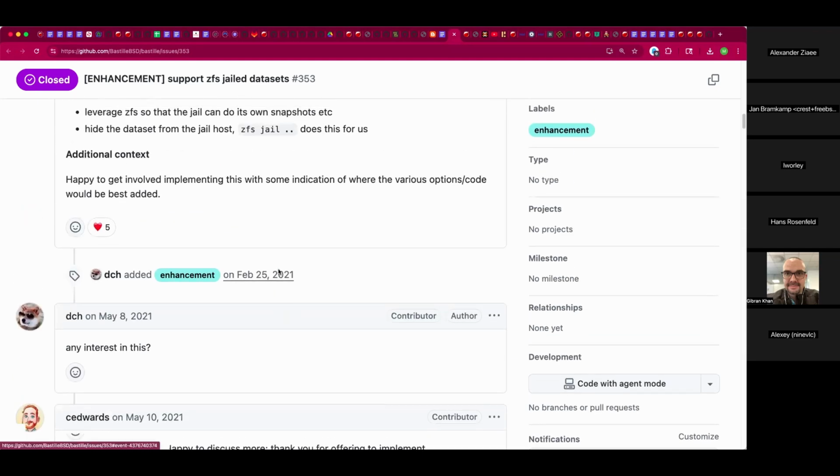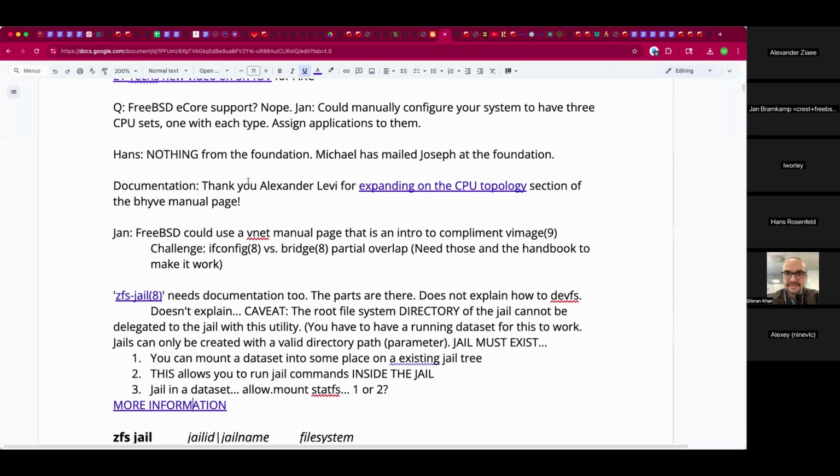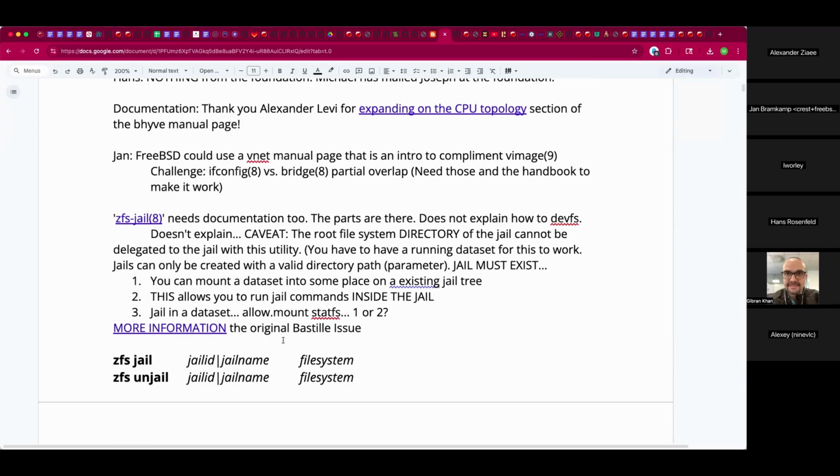So you have your base jail image, it gets cloned for every builder, and there's a new snapshot, and every time you have built something, you just roll back the dataset instead of trying to destroy it and create a new one, or even worse, trying to find all modified files and rewriting them or deleting the new files and recreating deleted files. So yeah.